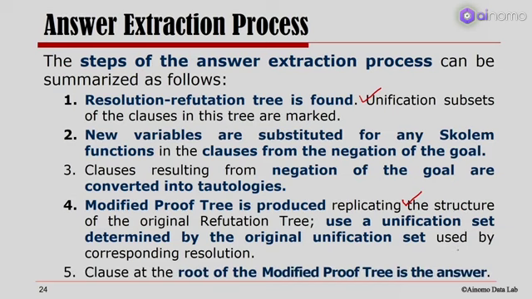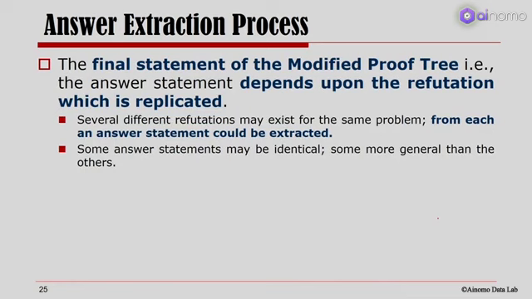The clause at the root of the modified tree is the answer to the question that we are looking at. The final statement of the modified proof tree, that is the answer statement, depends upon the refutation which is replicated.